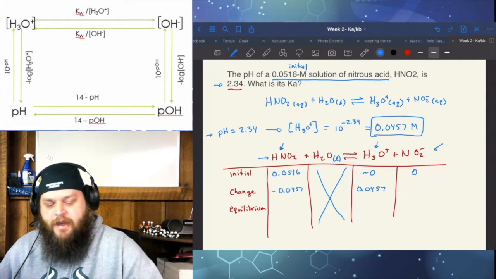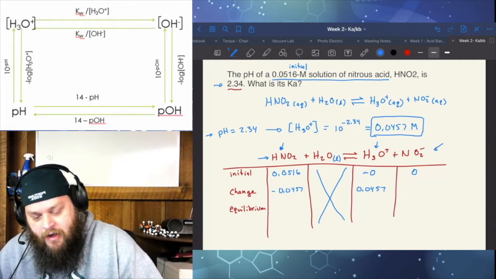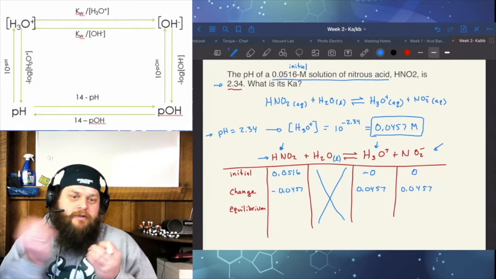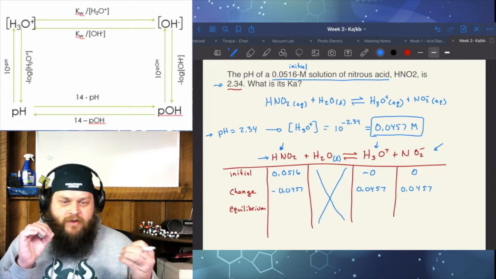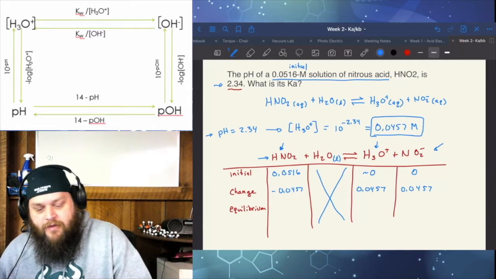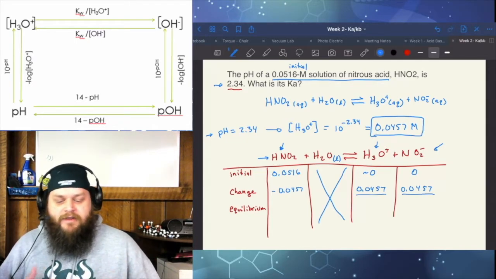Exactly. It would be the same because our conjugate base came from our acid. So our acid splits up into a hydrogen and a conjugate base, and that hydrogen ion bonds to water, creates hydronium. So our concentration of hydronium and our concentration of our conjugate base in this case is exactly the same.